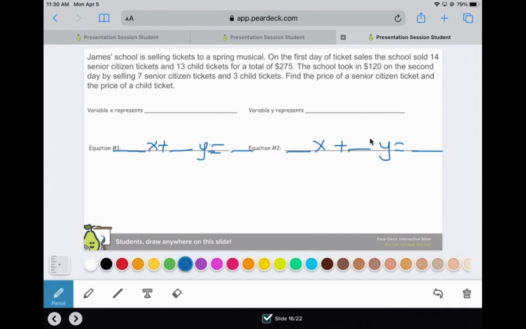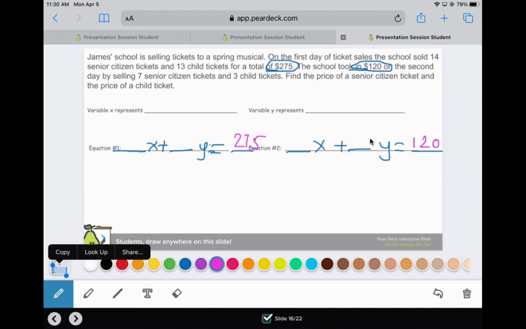Okay, so in here they tell you the first total, right? And then the second total, on the second day, is 120. So that is the number that I want to use: 275 for the first total and 120 for the second total, okay?